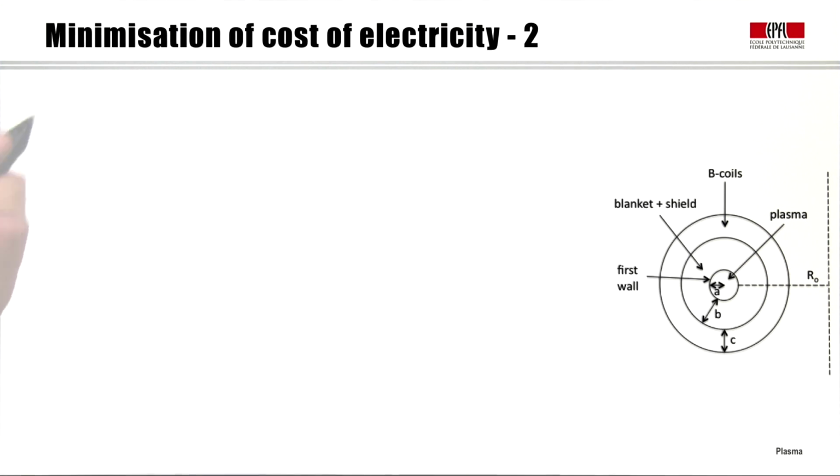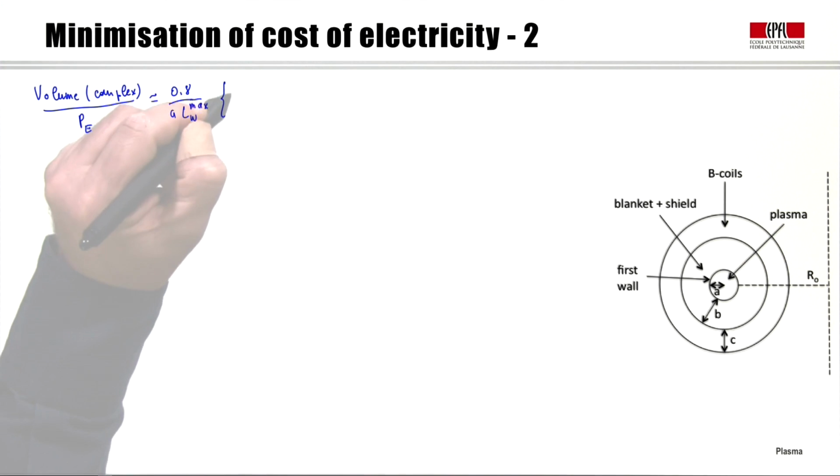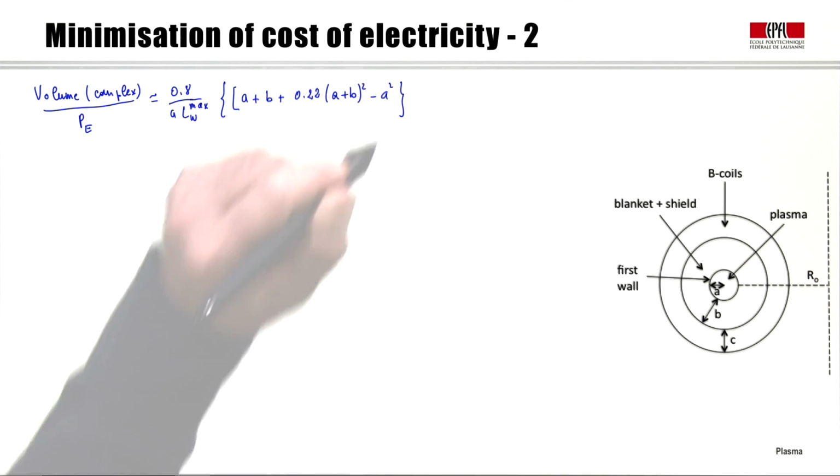Now we go back to our minimization of the cost of electricity to evaluate A. We write again the quantity we want to minimize, that's the volume of the complex system divided by the power.